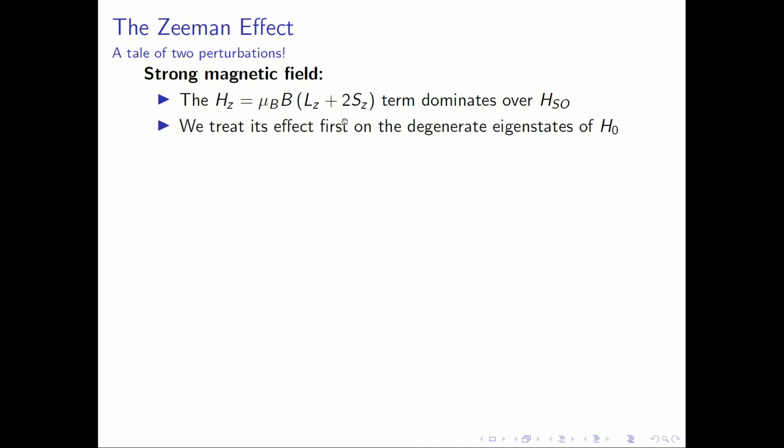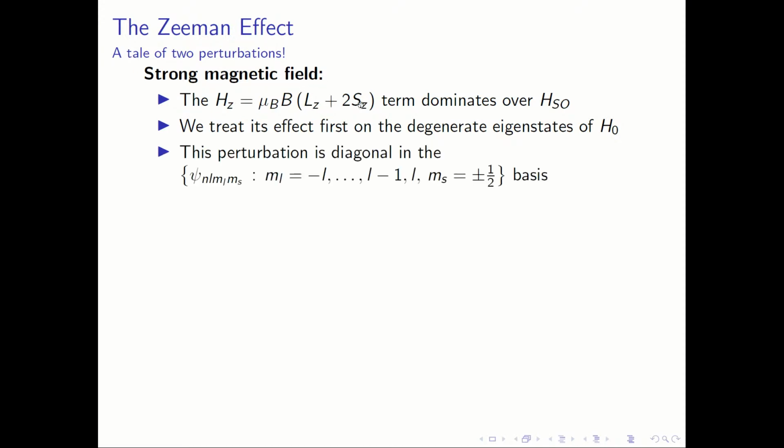So we treat its effect first on the degenerate eigenstates of H0, and if this is the perturbation we are going to treat, then of course we should choose an eigenbasis, if possible, which are already eigenstates of these operators, which means we want to choose an eigenbasis coming from a CSCO where apart from the H, everything else commutes with Lz and Sz, and we already have such an eigenbasis.